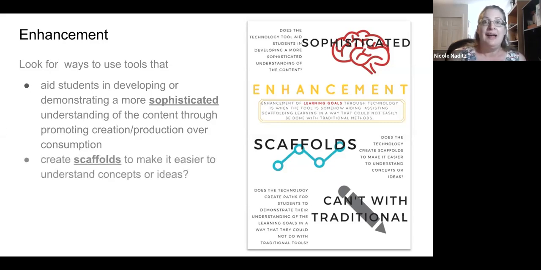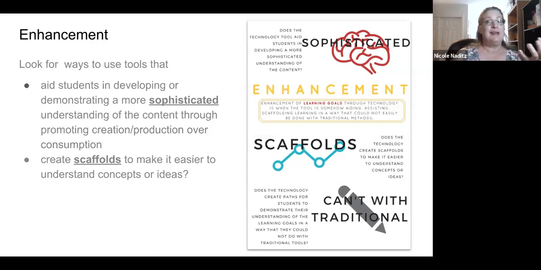We also would like to see technology tools that give students scaffolds to make it easier to understand concepts or ideas, and that can happen in a number of ways. That can be as simple as teachers building in their own scaffolds by taking a complex topic when they design a new lesson that they're going to record, for example, and post in their classes, breaking it into much smaller chunks, making sure that each chunk has the audio and visual support, models and examples, checks for understanding, and so on before going on to the next chunk.